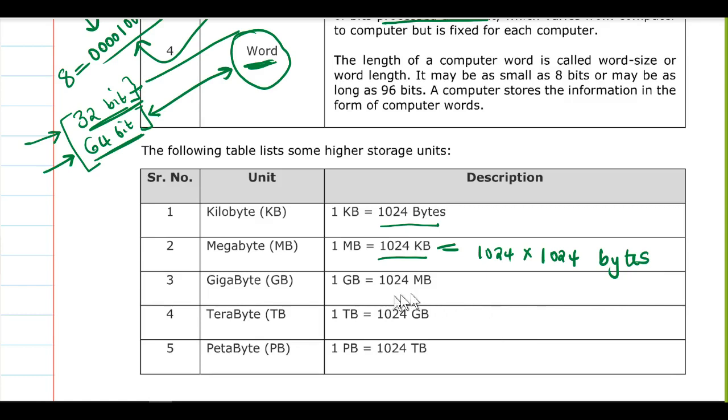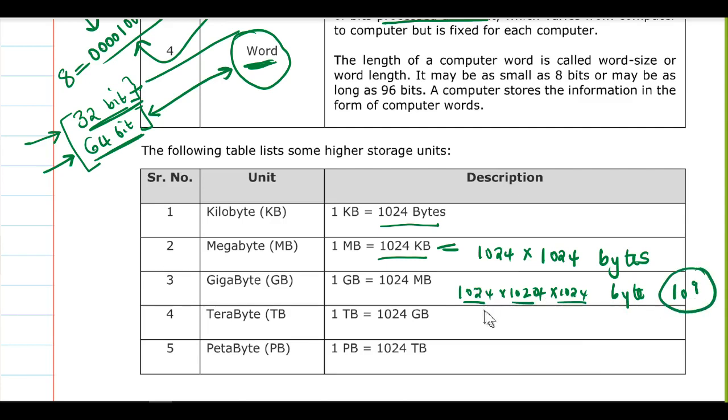Then 1 gigabyte is 1024 megabytes, which is equivalent to 1024 times 1024 times 1024 bytes. If you estimate this in thousands, that is when it becomes 10 to the power 9. But they say we don't use this phrase. These are just for estimation.